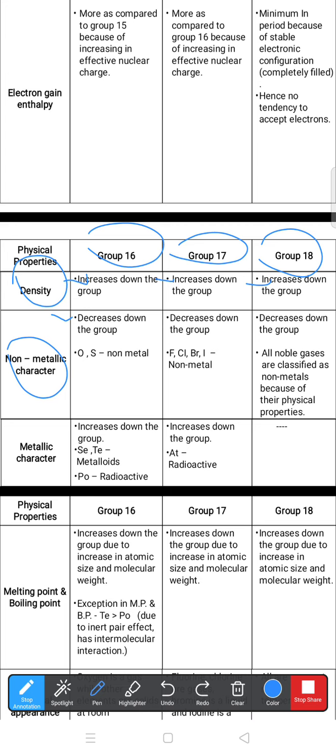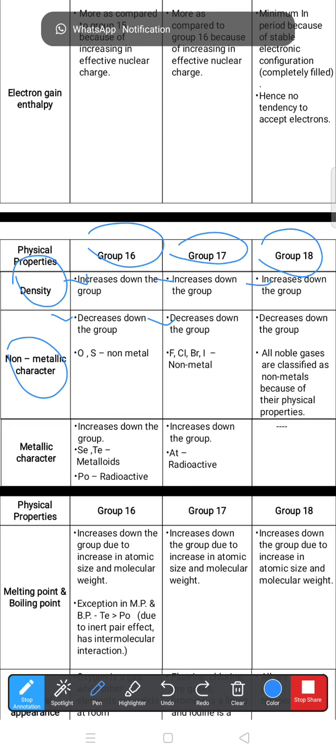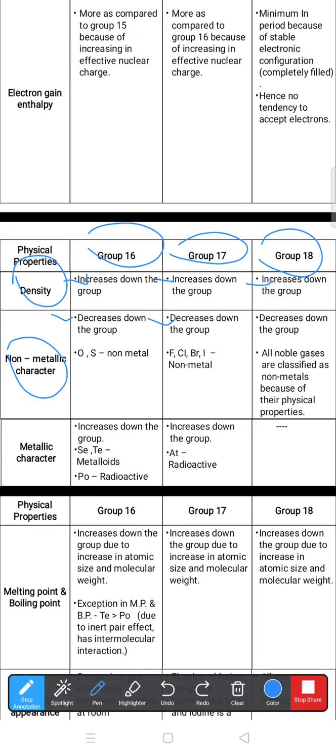Oxygen, sulfur are non-metals, and it decreases down the group in case of group 17: fluorine, chlorine, bromine, iodine are non-metals. And in case of group 18 it decreases down the group and all noble gases are classified as non-metals because of their physical properties.